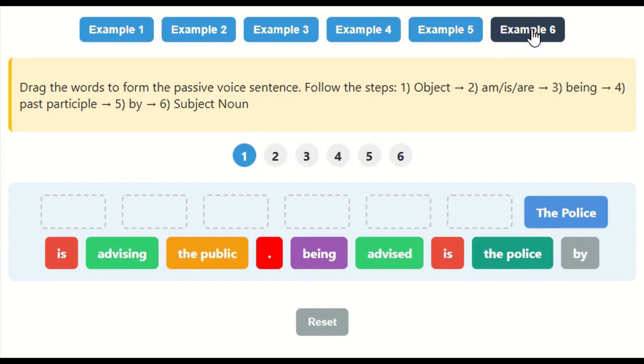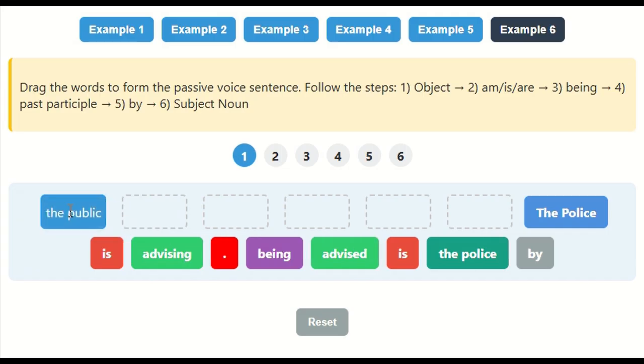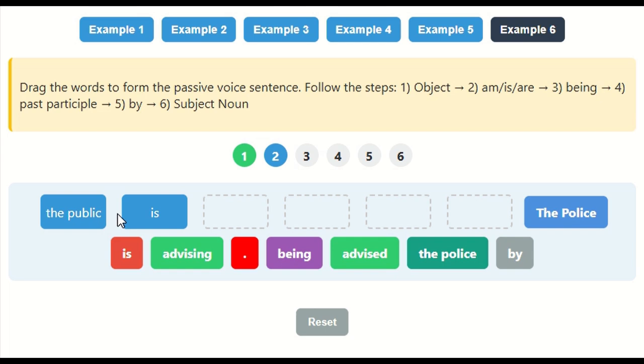And last example. Police is advising the public. We'll start making it to passive. First the object, which is the public. Then helping verb is because public is one unified whole. Then bring the being verb.